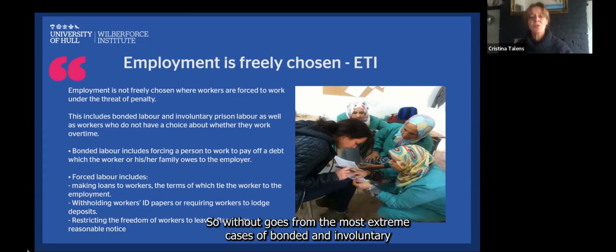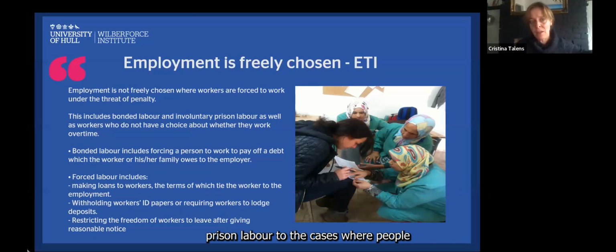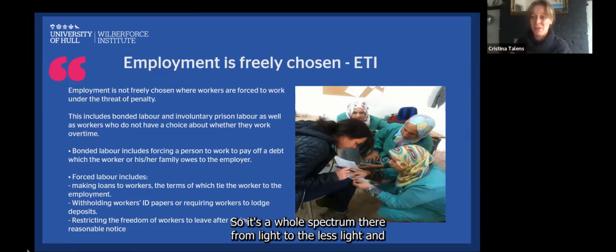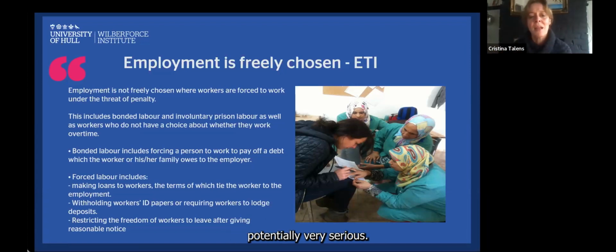That goes from the most extreme cases of bonded and involuntary prison labor to the cases where people don't feel like they have a choice about whether they work overtime. So it's the whole spectrum there, from light to potentially very serious.